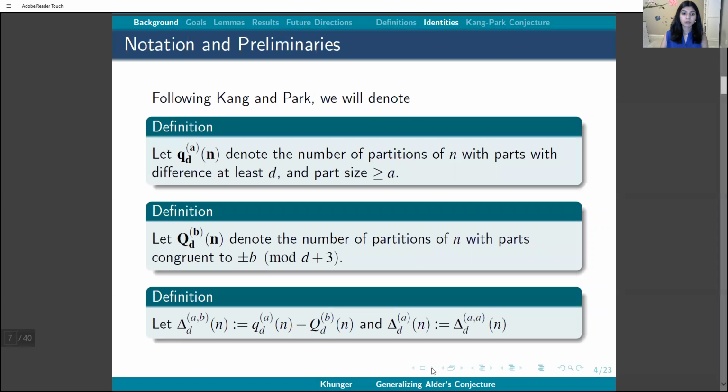And then finally, of most importance, we're going to define delta sub d a b of n to be the difference between q d a of n and Q d b of n. And we're interested in the situation where a is equal to b, that is delta sub d a of n.